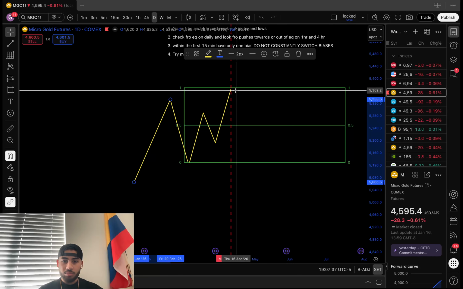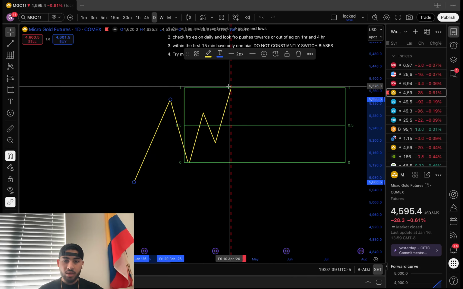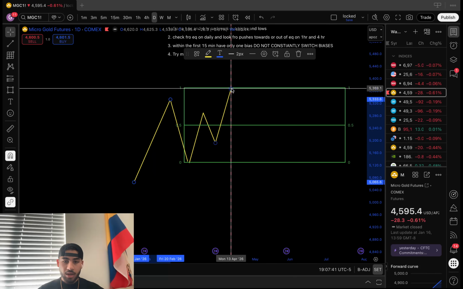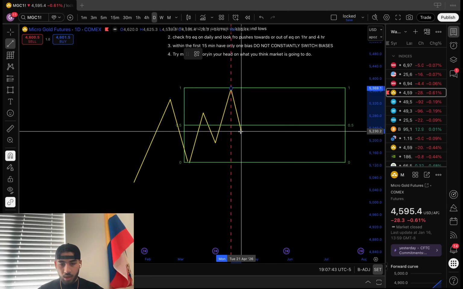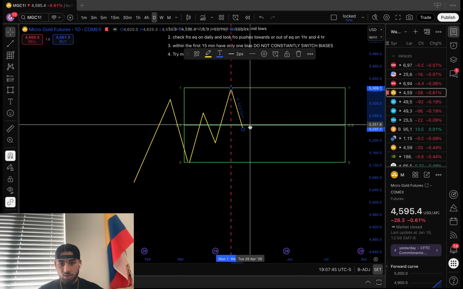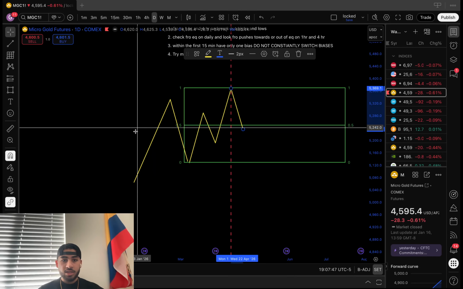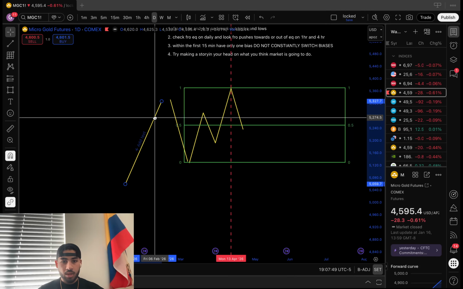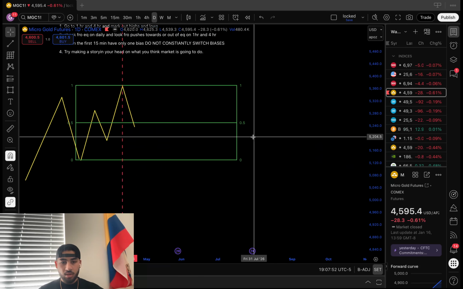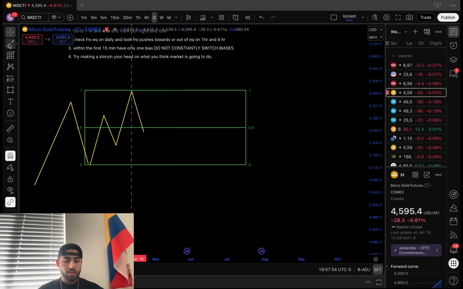Let's say we swept this. I want to see EQ get hit right here. We made a low and then a higher high, right? I want to see price come down here. So this would be my drawn liquidity. And then let's see on the hourly.